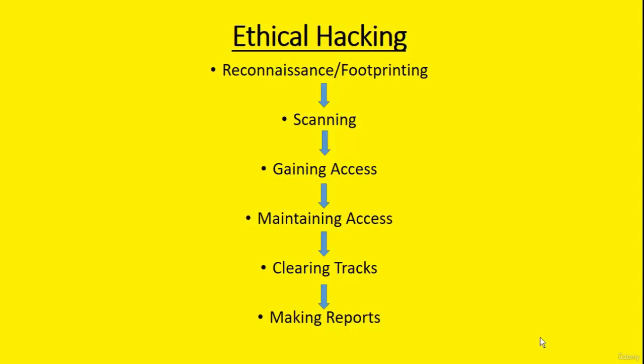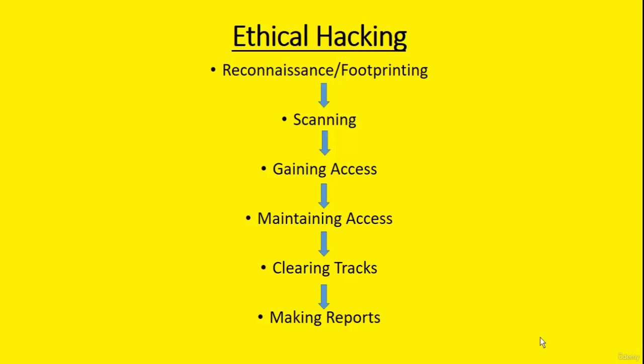See, the longer we maintain access into our target network or system or website, the more information we collect from there, like their personal information or their secret information, etc. So the longer the access is, the more information we collect.